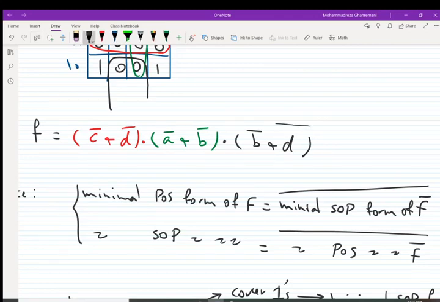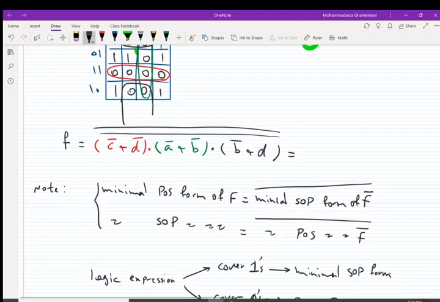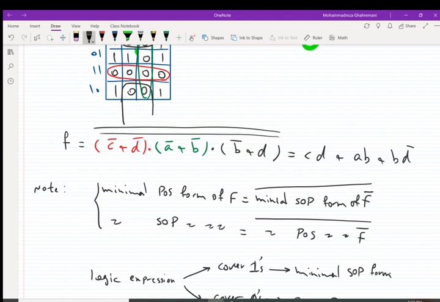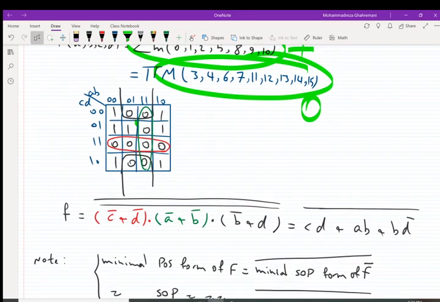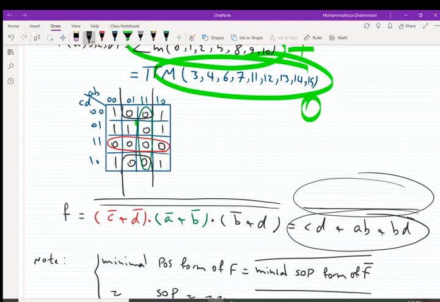if we complement it twice, we will have CD plus AB plus BD bar, which is the complement of sum of product. So what does it mean?